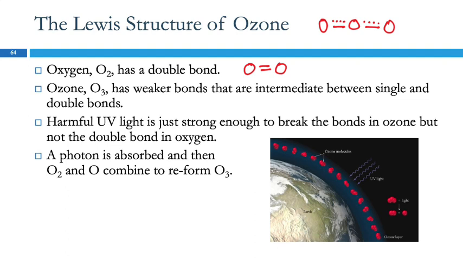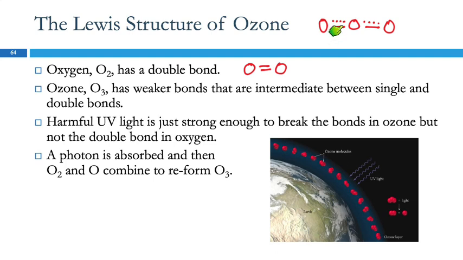Question? Is UV light ionizing? Is it enough to ionize? No. UV light is not ionizing radiation. So the UV light that's coming in from the sun hits this ozone layer. There's oxygen in there too. It can't break this double bond because that's too strong.